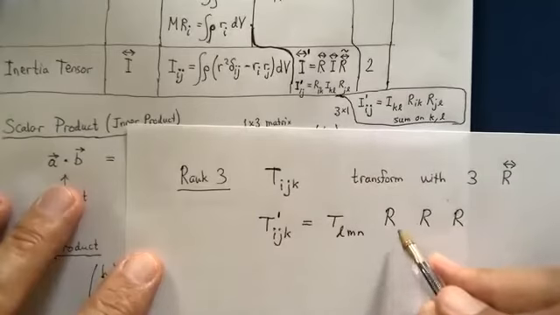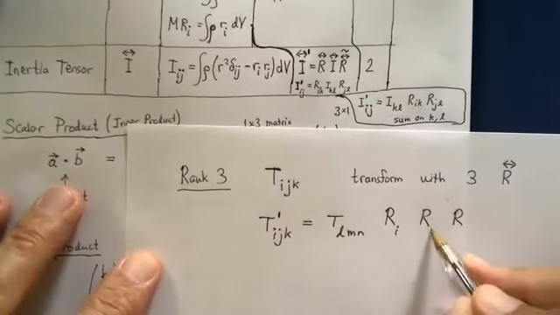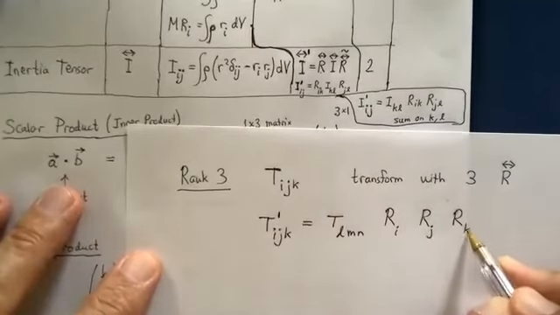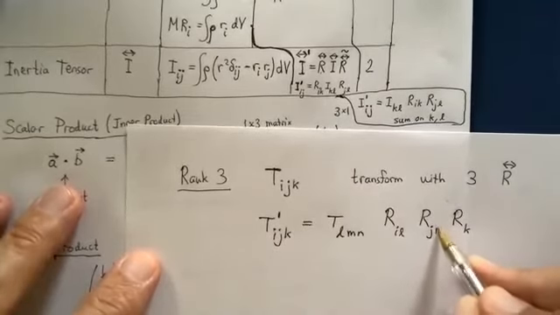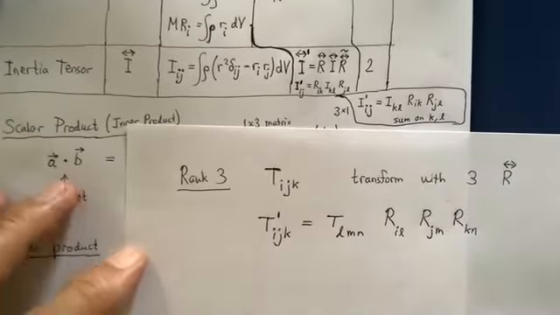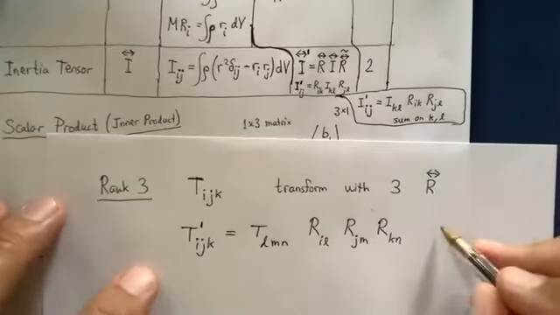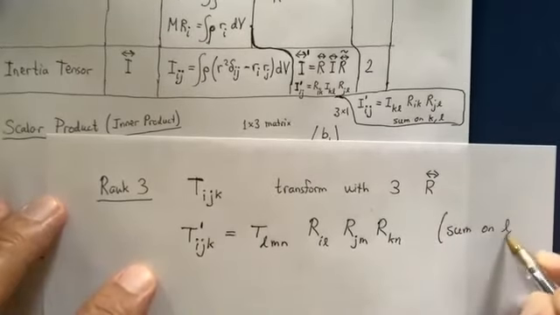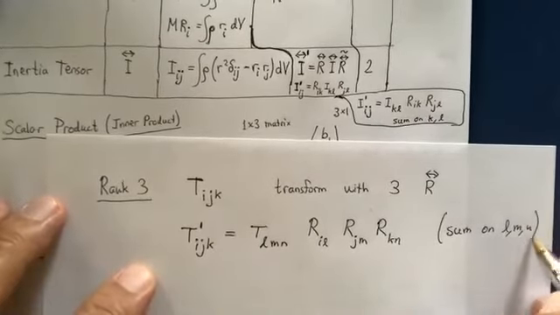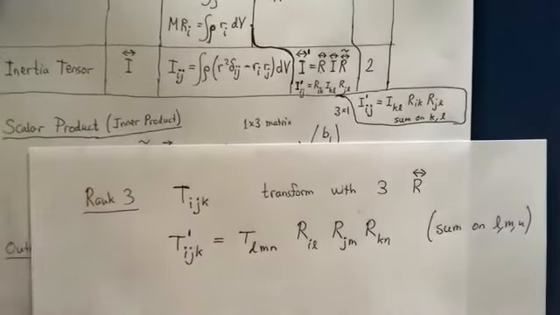You put the first index here, so this is R_iL, and then these indices get summed like so, L, M, N. Okay, and it's understood we're gonna sum on the L, M, N. They go from 1 to 3.